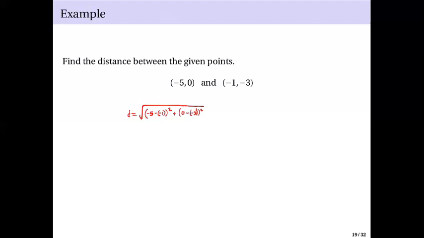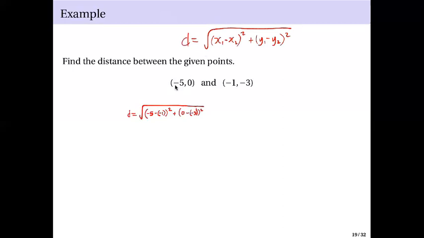So this is the one we are using, distance: x1 minus x2 quantity squared plus y1 minus y2 quantity squared, and then you get the square root of that.